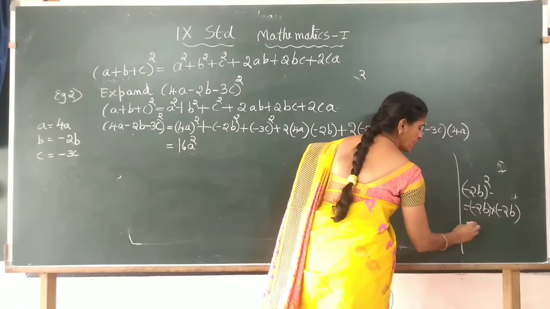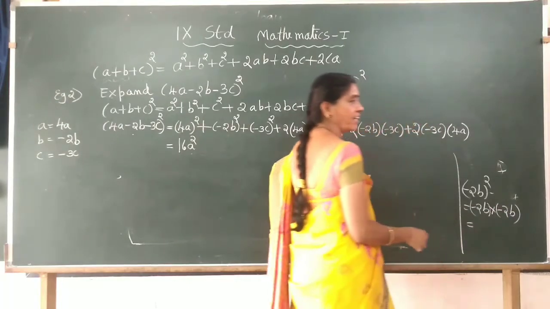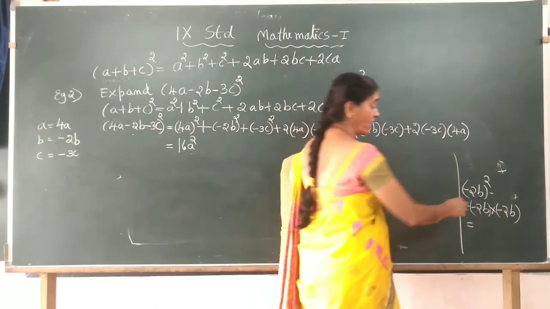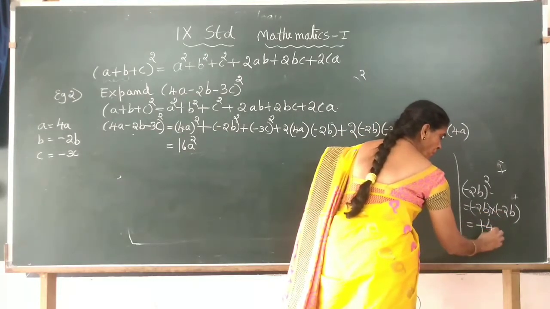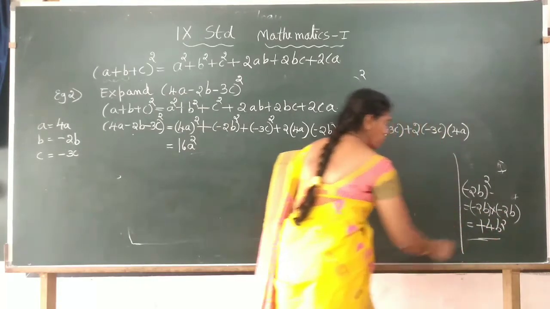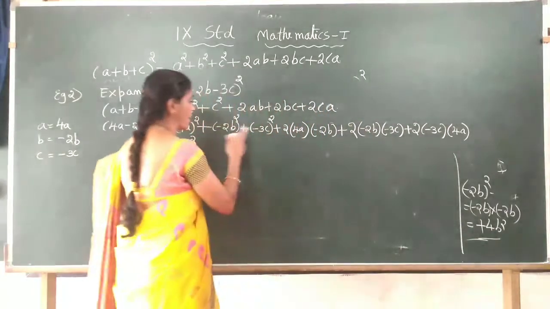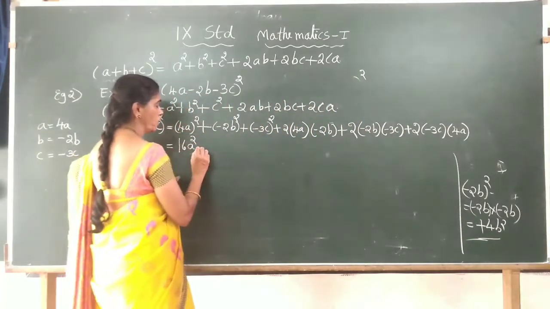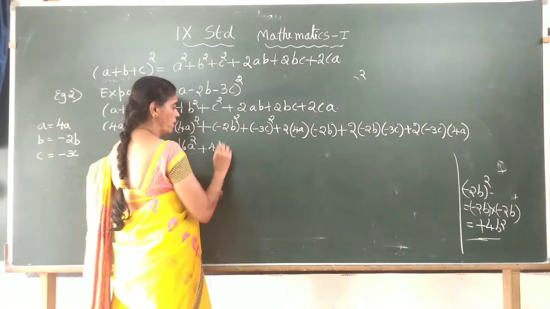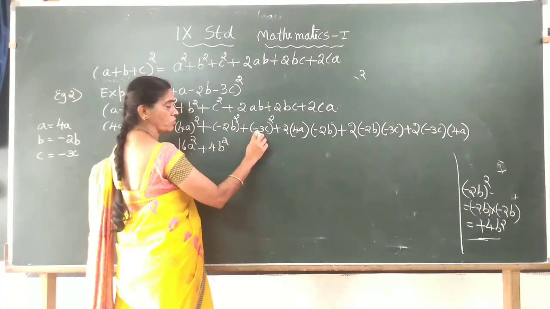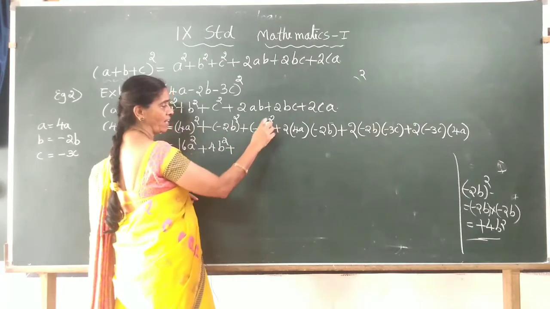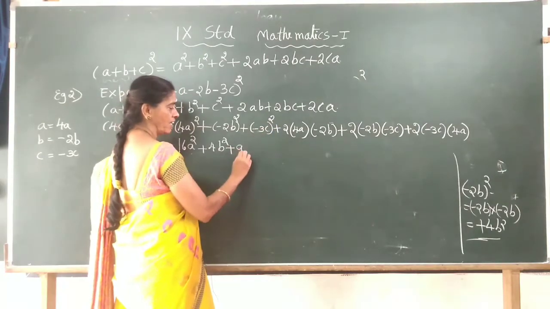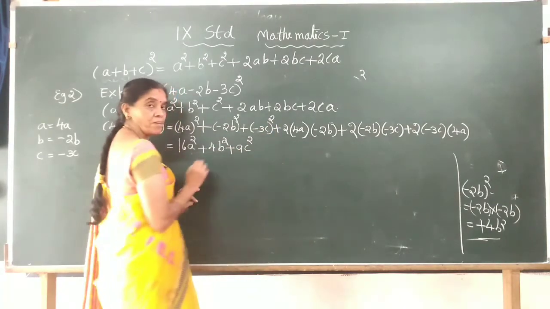Minus into minus: in the product, if they are the same sign, the product is plus. 2 twos are 4, B into B, B square. Whichever number it is, a squared number is always positive. So it is plus 4B square. In the same manner, this also gives plus 9C square: 3 into 3 is 9, C into C, C square. Right?